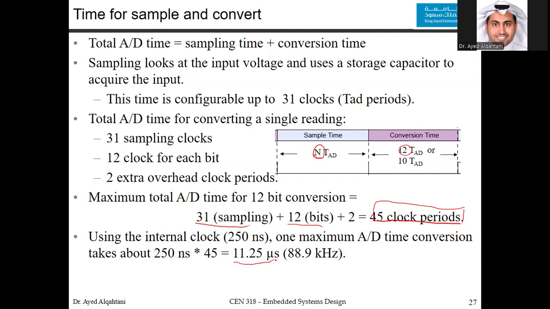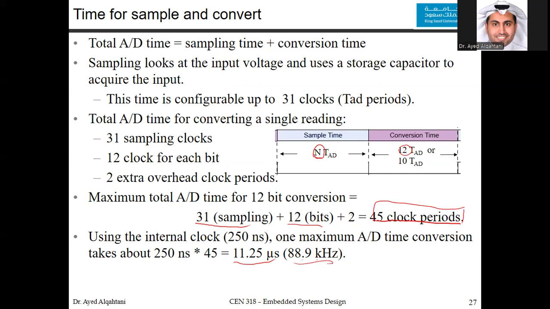You can see that it's very short in terms of time. So if you choose 12, as this example suggested, it's fine. You can do one sample, then wait for this time, and do another sample, and each one of them will have this time. You can also convert it to frequency. The frequency of sampling would be this frequency.